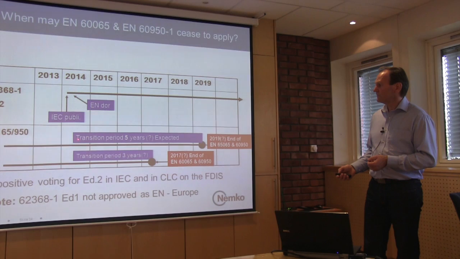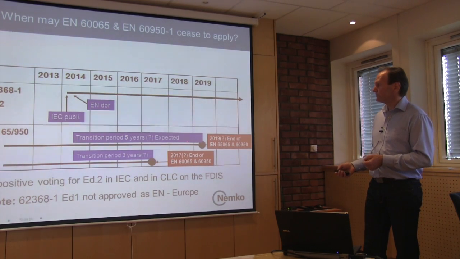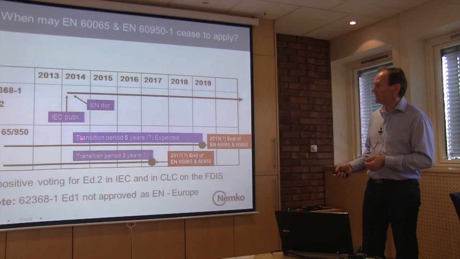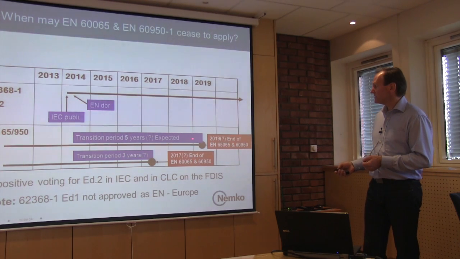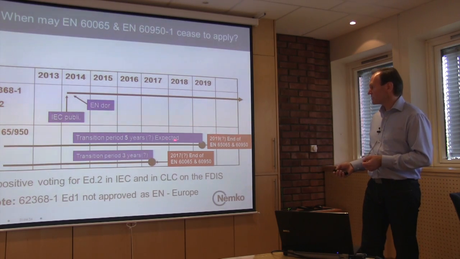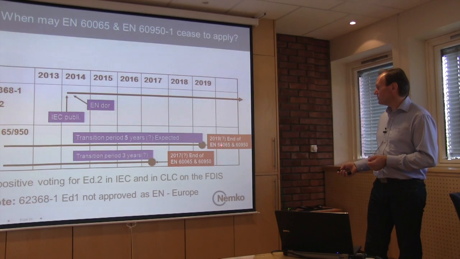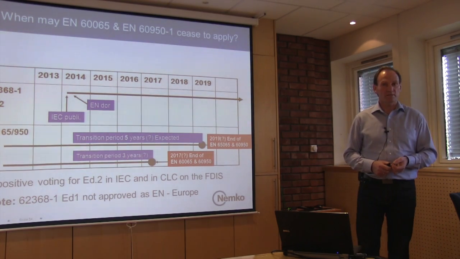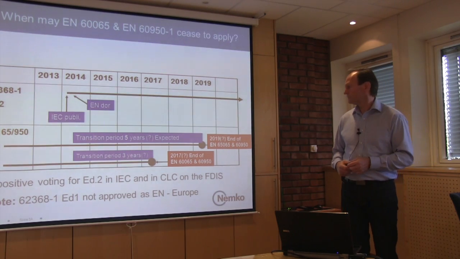And then the transition period will be, if we expect 5 years from the date of ratification, we come up to 2019. Then we have a transition period where the manufacturers can use 950, 65, or the new hazard-based standard, 62368-1.